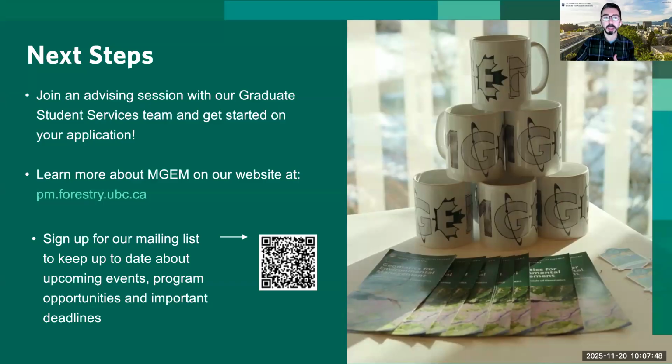And Ethan's asking if this program is qualified for the BC Provincial Nominee Program. If you graduate from a master's program, then I do believe you would qualify for that. There are other pathways as well through to permanent residency and to be able to stay and live in BC and in Canada longer.